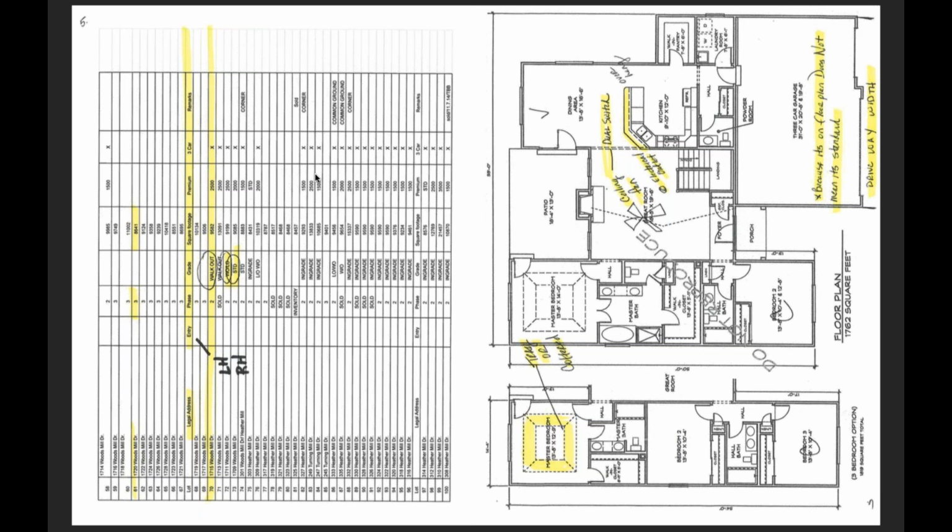Another thing, as you see here, is a copy of a typical builder floor plan. These are what's handed out, and this is something else I recommend you do in the buyer consult. Buyers sometimes see these floor plans and think that what they see on the floor plan or in the display comes with the home.